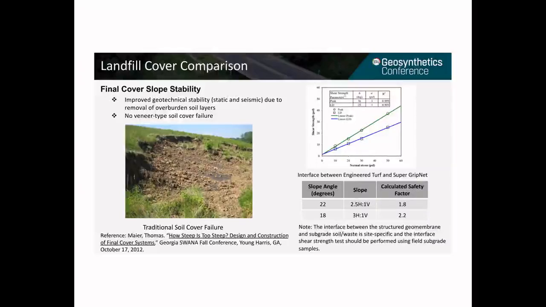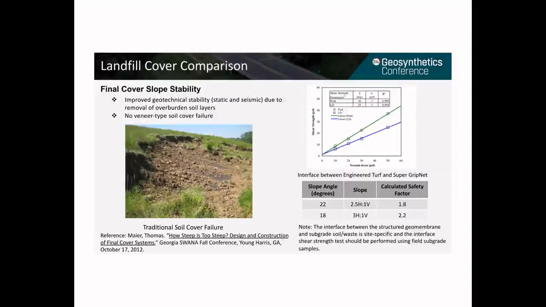I mentioned that cover slope failure was one of the challenges with traditional soil covers. Here's another example of veneer-type slope failure of a soil cover, where the soil layer slipped over the underlying geosynthetic layer.